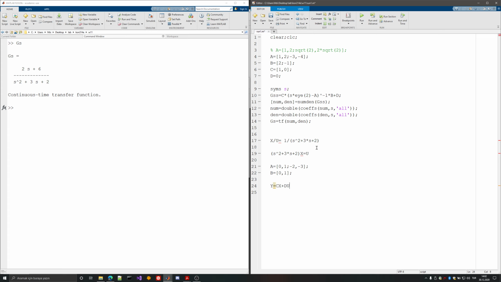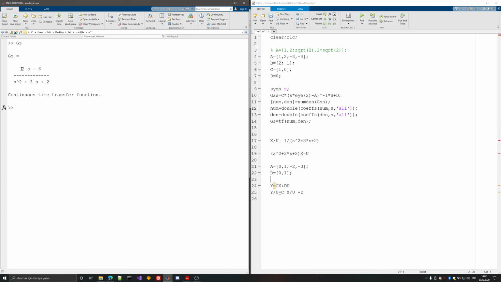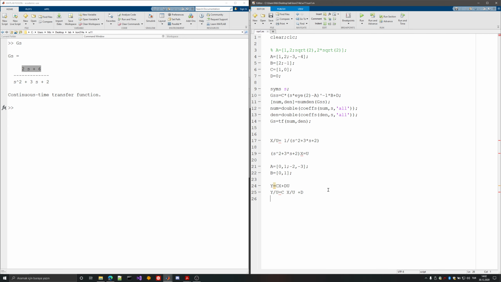I can basically divide by u, and I will see that this is cx divided by u plus d. Now this means that I have A, I have B, so the only thing that is left is 2s plus 6.